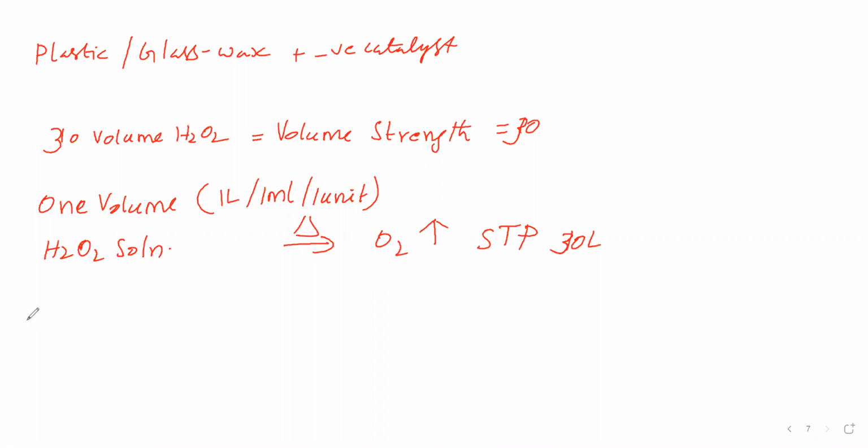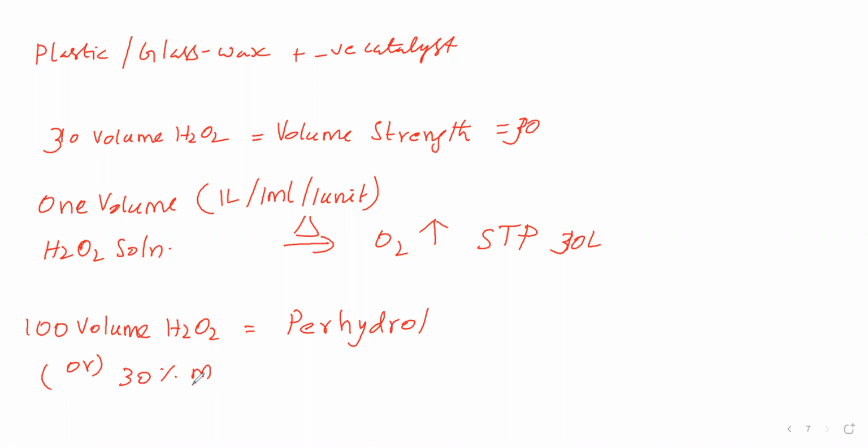Now we will take 100 volume H2O2. The commercial name of this is perhydrol. So perhydrol means 100 volume H2O2 solution. If you see the mass by volume percentage, it comes as 30% mass by volume H2O2 solution.